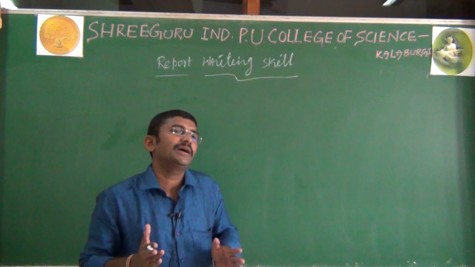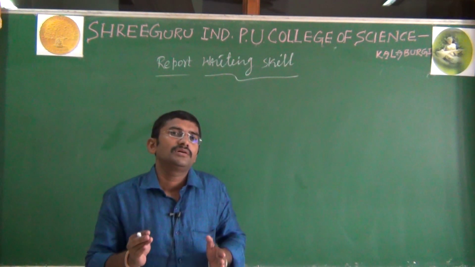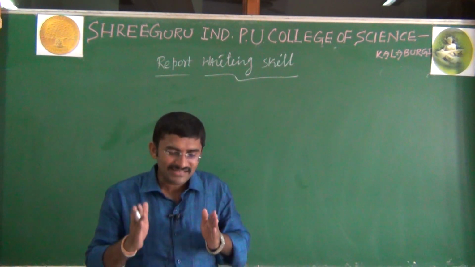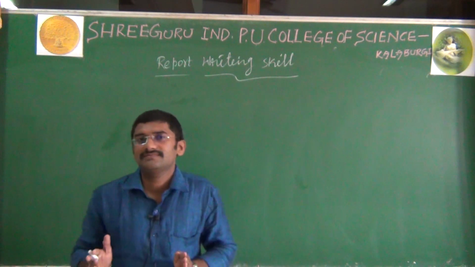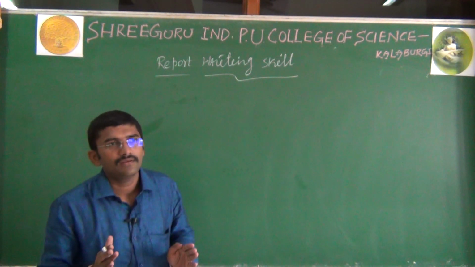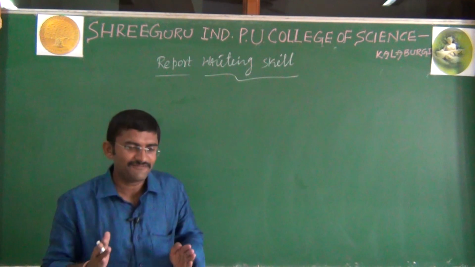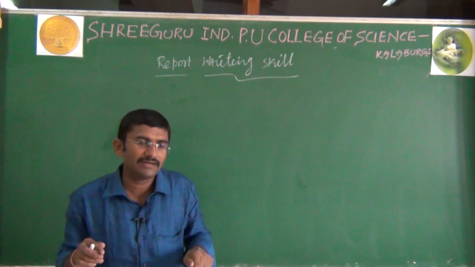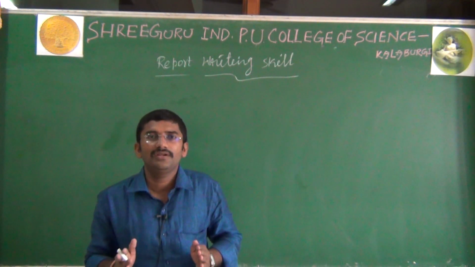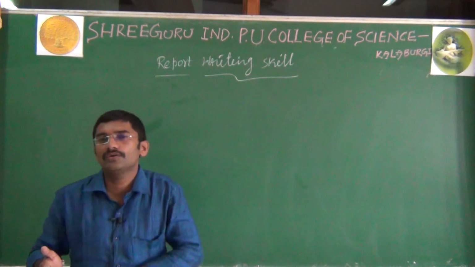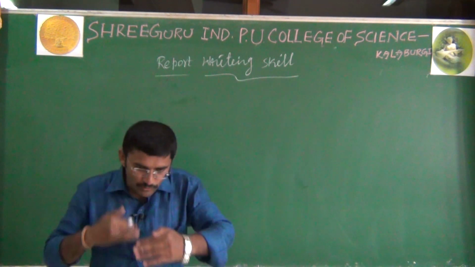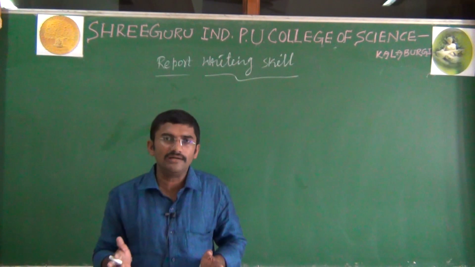At the same time, report writing is aimed at people's interest. It is based on the areas in which people are interested that they are going to prepare the report.